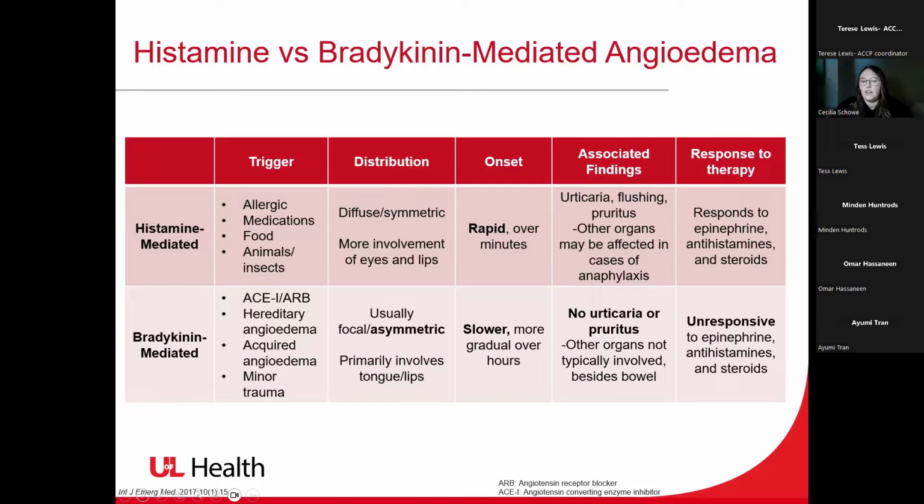But this has a much slower onset, more gradual, upwards of hours. It's not going to present with our typical anaphylaxis symptoms like urticaria and pruritus, and it's not usually going to involve our other organ systems. And of note, this is really going to be unresponsive to our traditional therapies, so epinephrine, antihistamines, and steroids aren't going to do much for this type of angioedema.